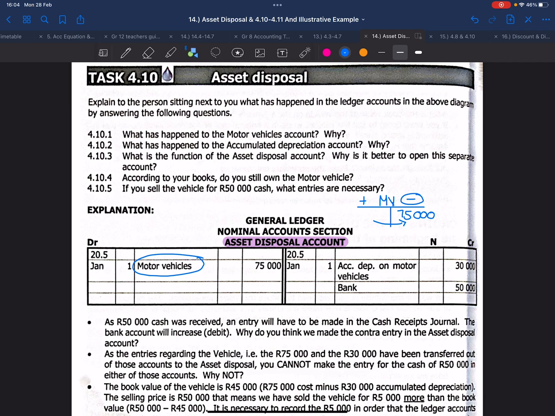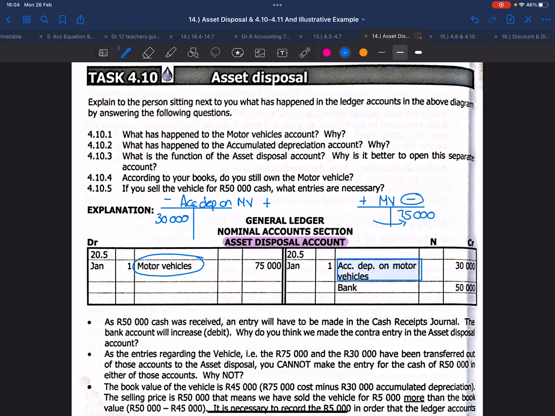So if we look at our asset disposal account, we credited it with accumulated depreciation on motor vehicles, and in order for us to credit our asset disposal with 30,000, we would have had to have debited our accumulated depreciation with 30,000.